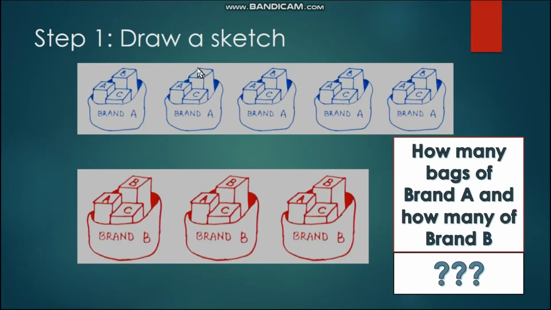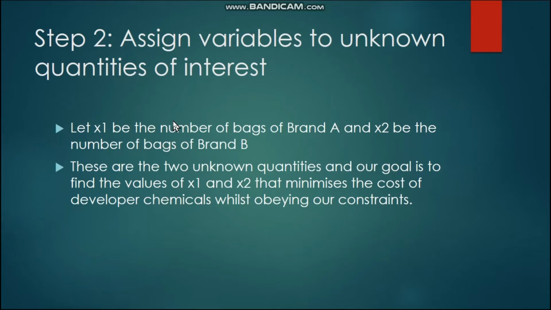Here we see in the sketch we have multiple bags from brand manufacturer A, and we've represented that you get a box of A, B, and C in each bag. We don't know exactly how many bags in total from manufacturer A we will be getting, nor do we know how many from manufacturer B. So we're going to say, let X1 be the number of bags from the first manufacturer, and let X2 be the number of bags from the second manufacturer.